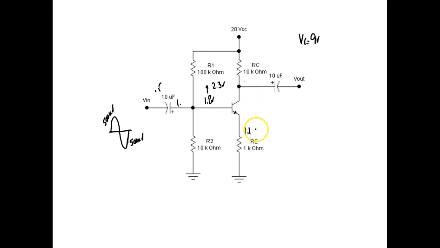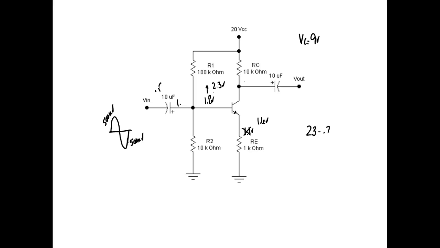So what would this go to now? Somebody tell me. It's going to be 2.3 minus 0.7. What's 2.3 minus 0.7? Did you say 1.6? You were right. I'm sorry. 1.6 volts.